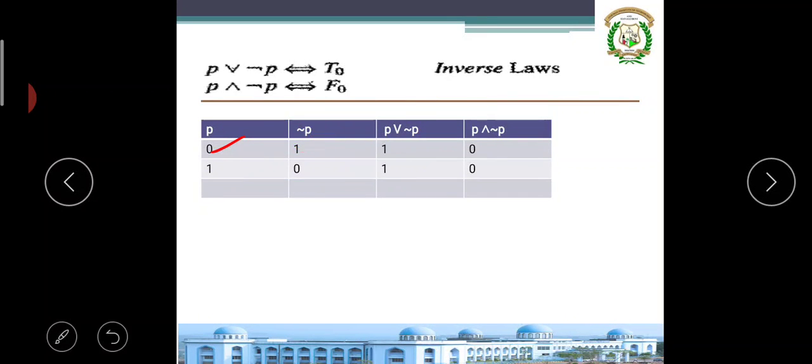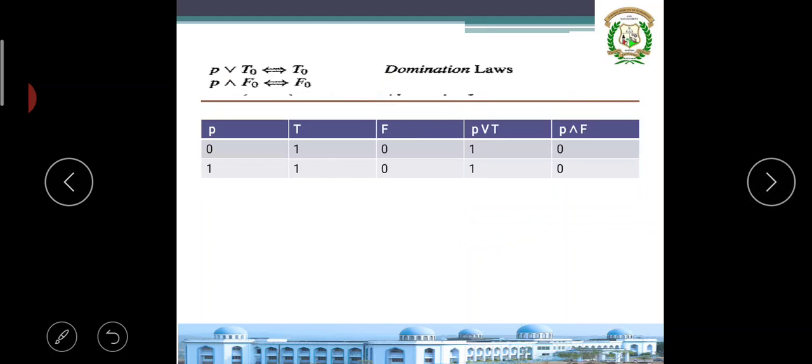No doubt, I got the values as 1. So always I got the values as 1. This is T. Next one is P and inverse of P. That's a multiplication. 0 into 1, 0. 1 into 0 is 0. So I got P and inverse of P is always 0. That's called false. This is called inverse law.